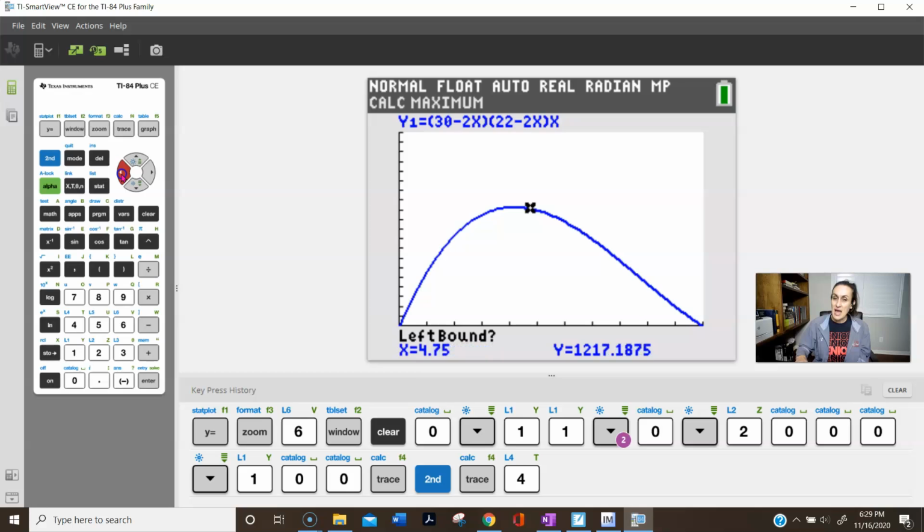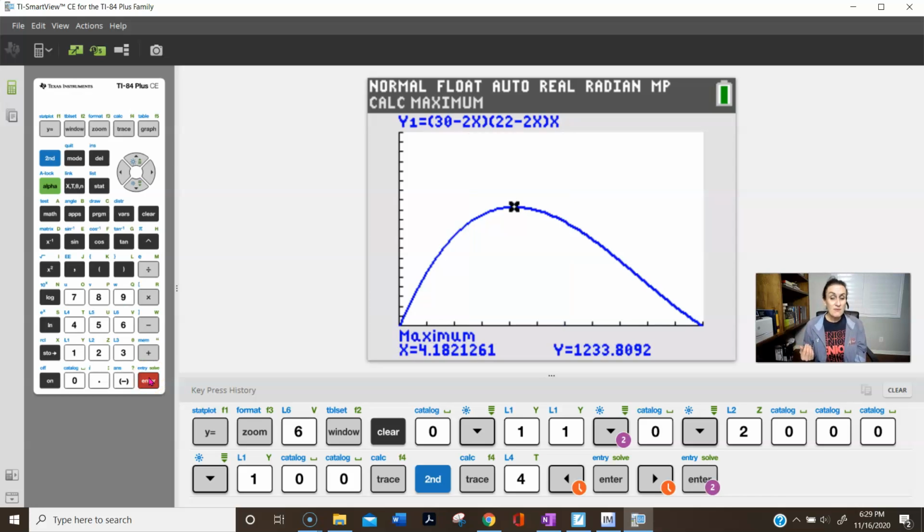And then I would have to be to the left of the highest point, enter, to the right of the highest point, enter, and my maximum volume is 1,233.809 cubic units. And that's when I cut 4.182, does it say what we're in? Inches out of the corners.